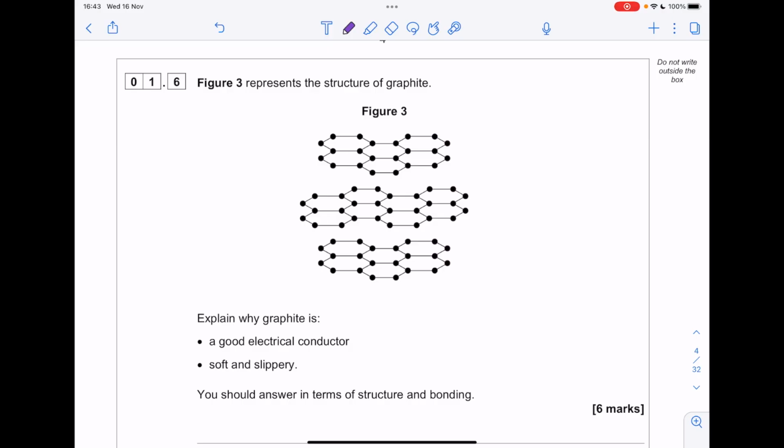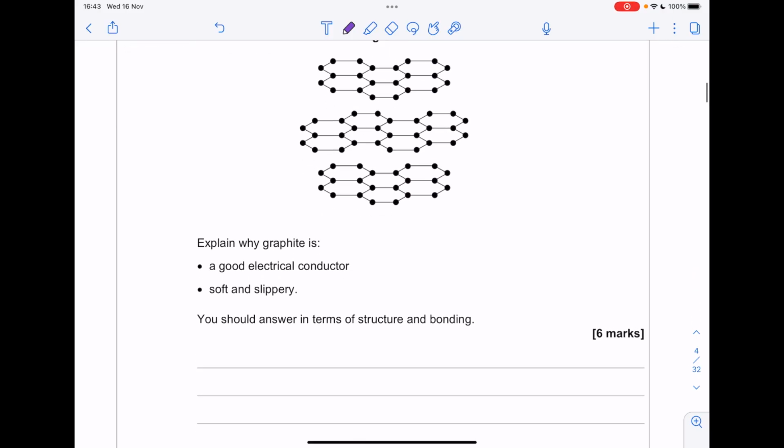1.6. Figure 3 represents the structure of graphite. Explain why graphite is a good electrical conductor, is soft and slippery. Give your answer in terms of structure and bonding, and it's worth 6 marks.